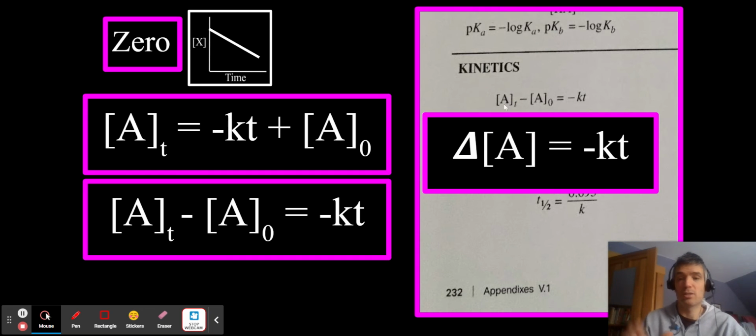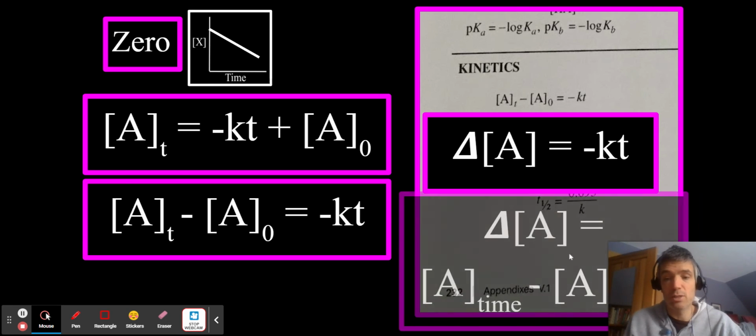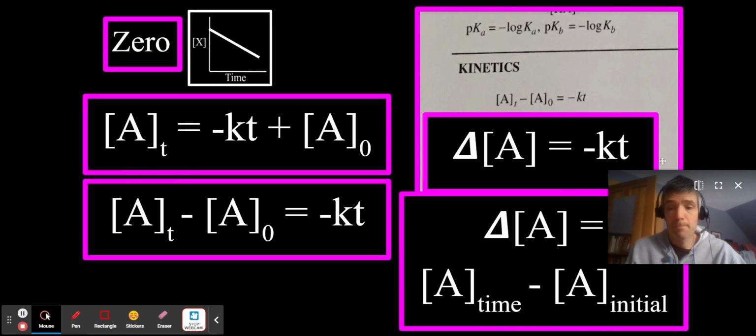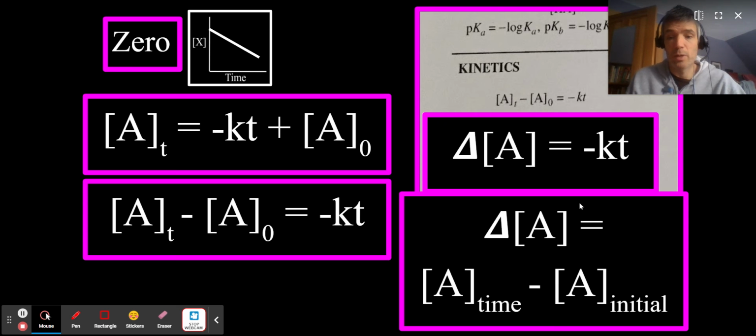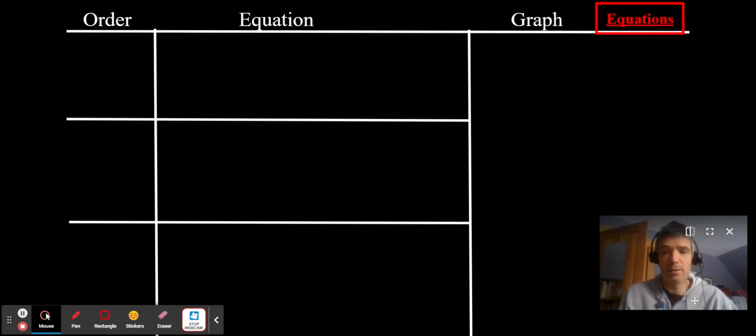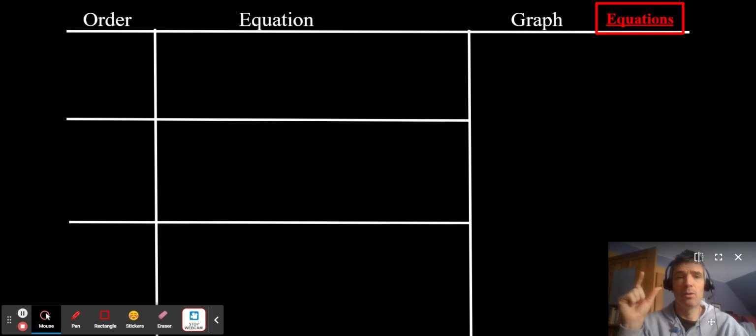Your concentration at time t is sometime after your original, therefore it's kind of like a change in your concentration. The left side of these equations is kind of like a change. That helped me remember and understand what the A sub t and A sub naught meant.